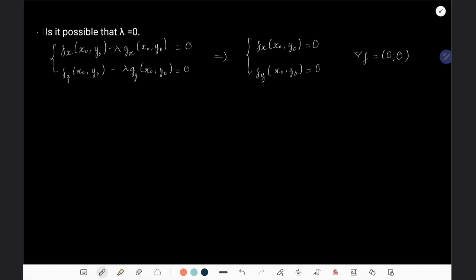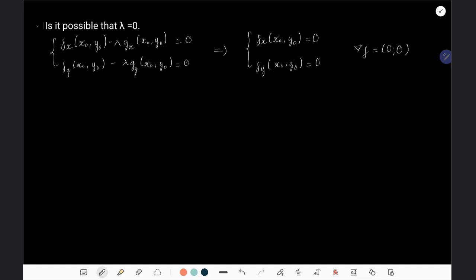It means that the gradient of the function f is perpendicular to the tangent of the curve T at the point x0, y0. These points are known as stationary points or critical points, and they can correspond to local maxima, local minima, or saddle points of the function f on the curve T.